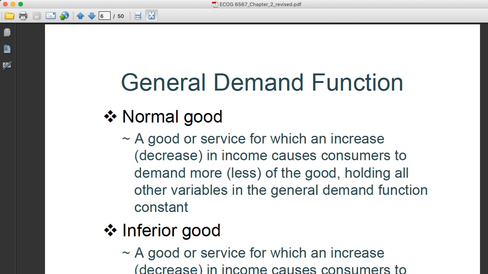Okay, some points to make about different kinds of goods. A normal good is what we often work with in economic theory, but we have to talk about the non-normal goods as well.